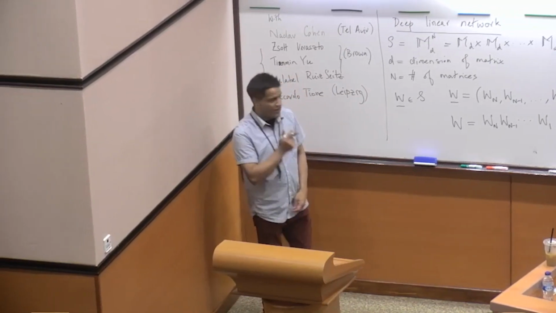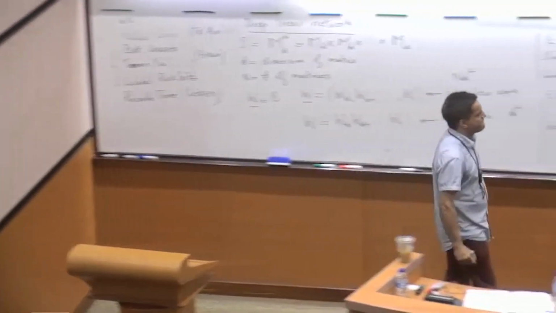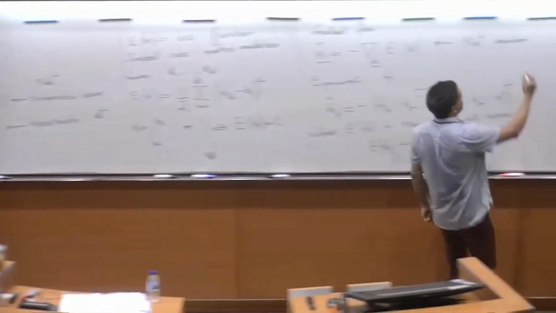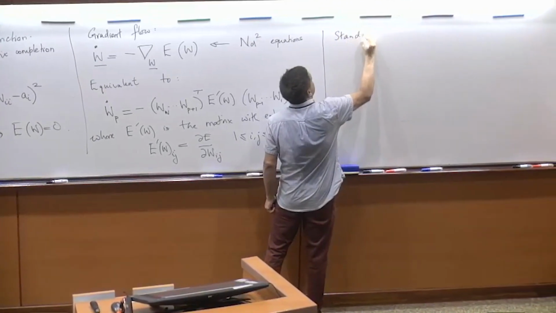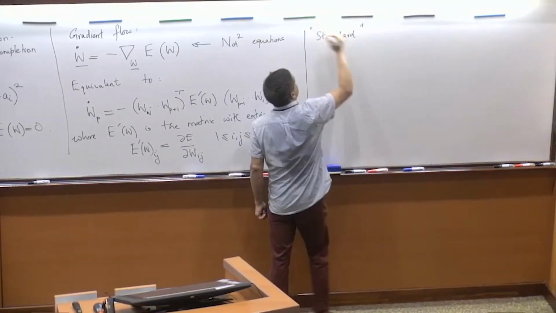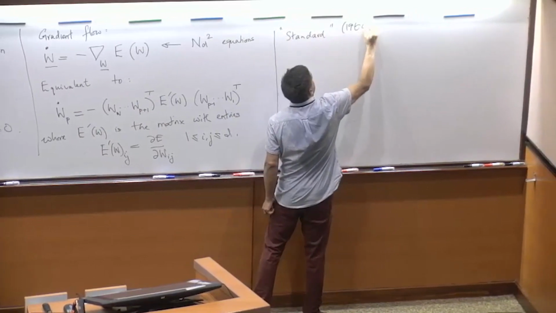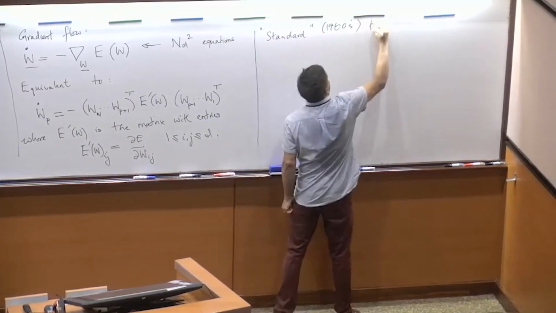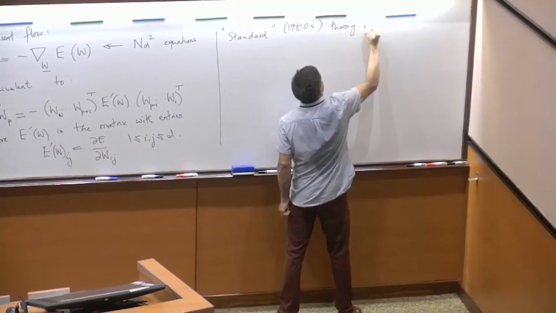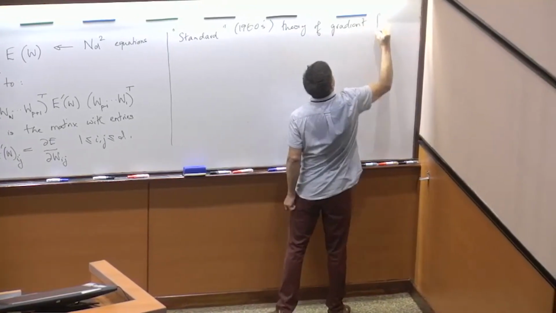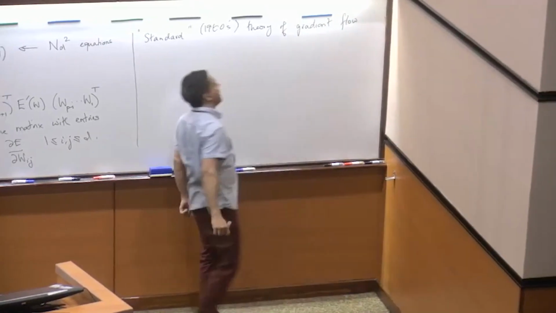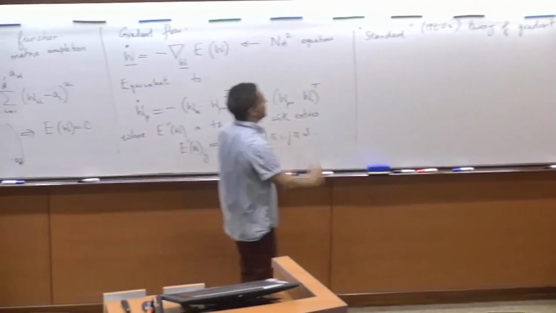So of course the problem over here is the following. Standard, by which I mean 1960s, theory of gradient flow, sorry, I prefer the blackboard to the whiteboard, so I'm kind of screwing up my writing a bit.